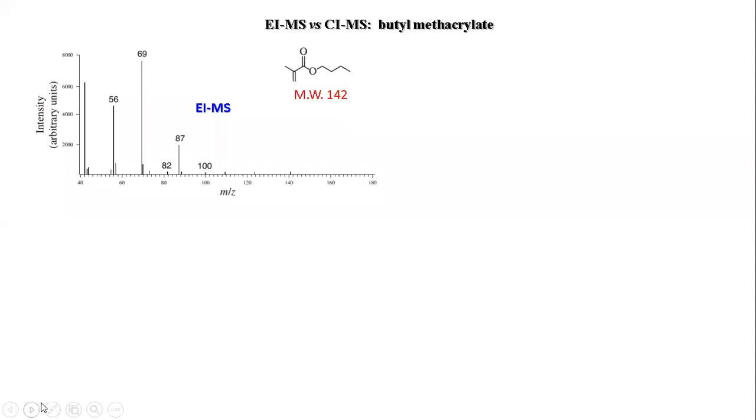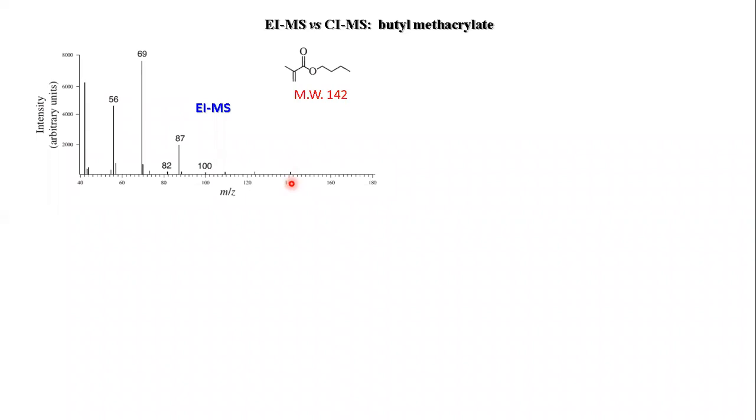Is it visible? Can you see the 142 peak in the mass spectrum? Yes, sir. You will find a very tiny peak around here. Maybe this one is the 142 peak, which is almost negligible.